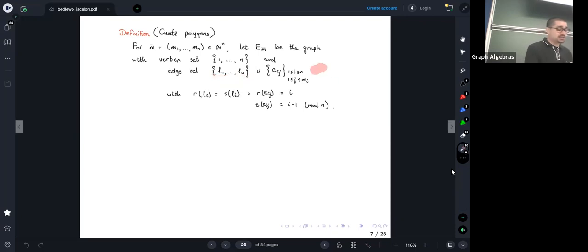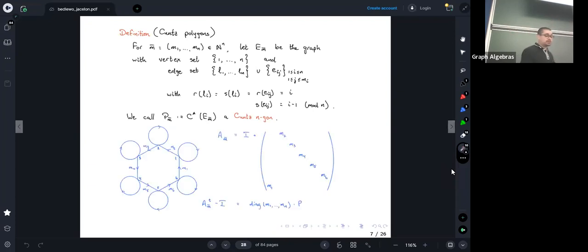And these other edges, these EIJs, are just going to be cycling around the n vertices with the multiplicities of each edge given by this tuple M, an n-tuple of natural numbers, where a natural number is not 0 in this definition. So here's a picture. By the way, before the picture, the C-star algebra of such a graph I'll call a Kunz polygon.